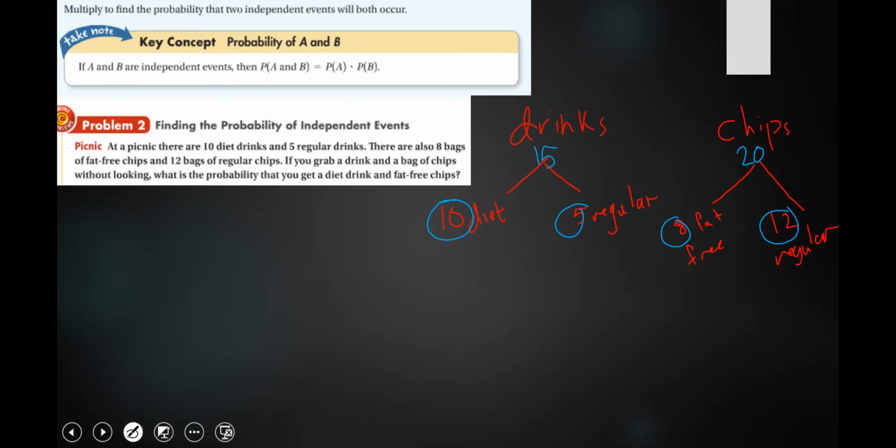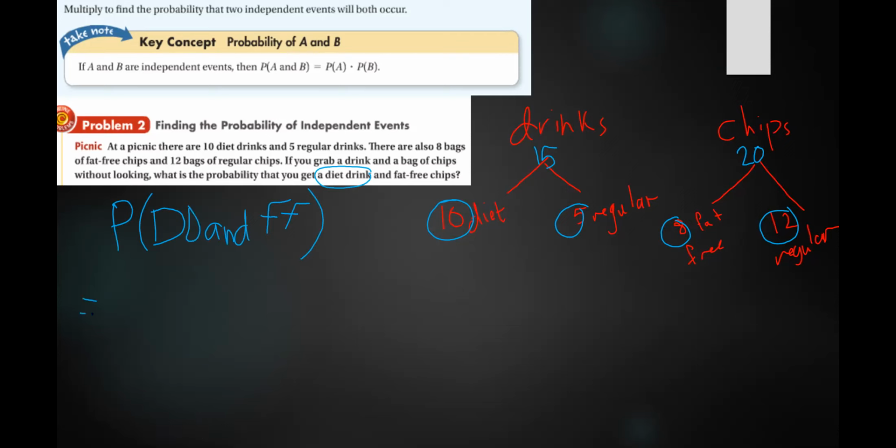Now look at the words here. What is the probability of getting a diet drink and fat-free chips? I have to find the probability of diet drinks, and let's write them as DD, diet drinks and fat-free chips.